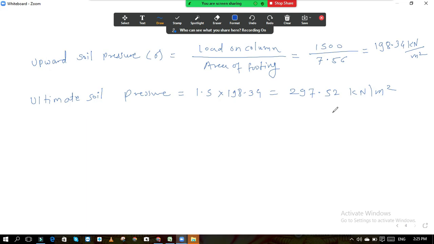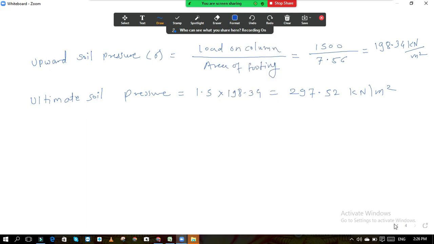Instead of taking the check for one-way shear and two-way shear, we will find out the depth by using the bending moment criteria, one-way shear criteria and two-way shear criteria, and from that whatever the maximum depth is there, that depth we are going to provide for the footing.